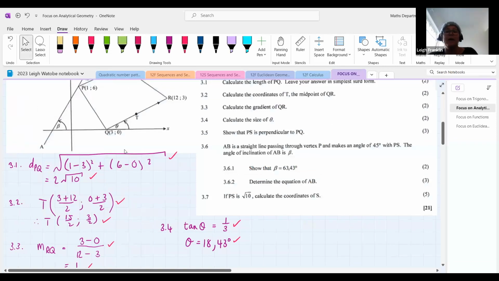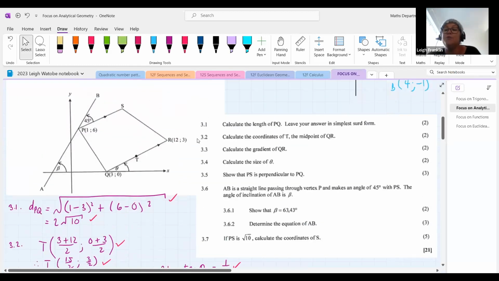All right. Now, another point that we need to discuss, something that's important, is when they say to us, show that PS is perpendicular to PQ. Now, I don't know about you guys at your school, but I know the boys that I teach, the first thing that they want to write down is that when I multiply the gradient of the one line with the gradient of another line, I get -1.